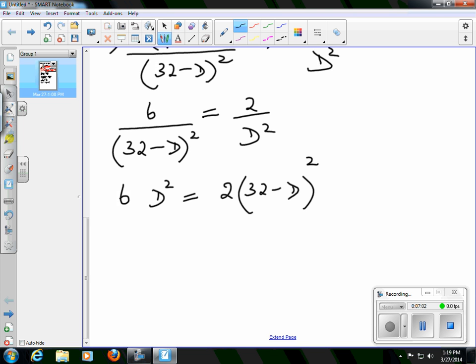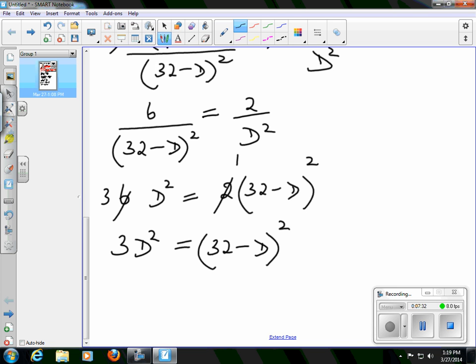That's our equation. Now one thing cancels, and you have 3 here. Basically what you have is 3d squared is equal to 32 minus d whole thing squared, right? So you get up to this.